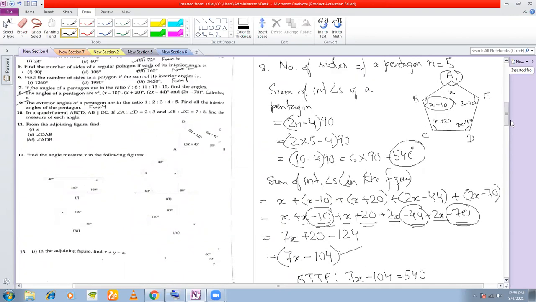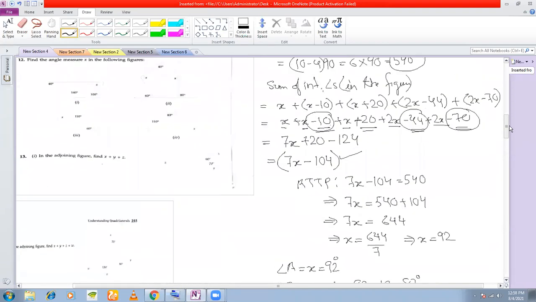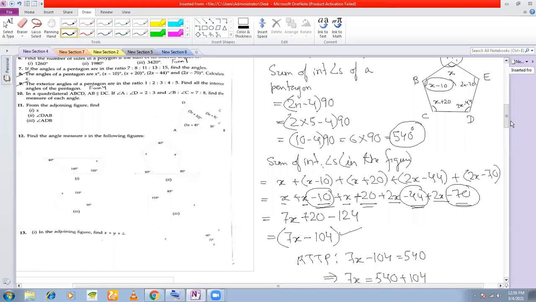Angle D is how much? 2x minus 44. 2 into 92 minus 44, which is equal to 184 minus 44, which is equal to 140. And the last one, angle E. Angle E is how much? 2x minus 70, right?